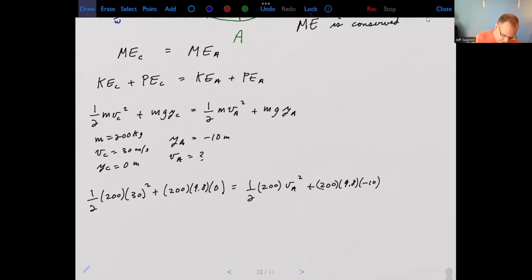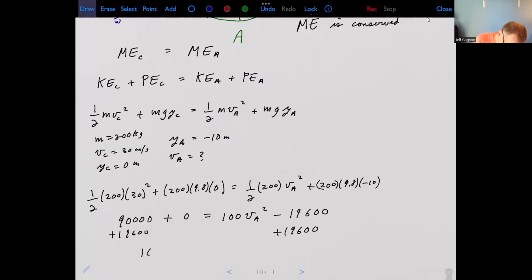So if you work this out, you're going to have 90,000 plus 0 is equal to 100 VA squared minus 19,600. And then if I solve this for VA, I'm going to add 19,600 to both sides.